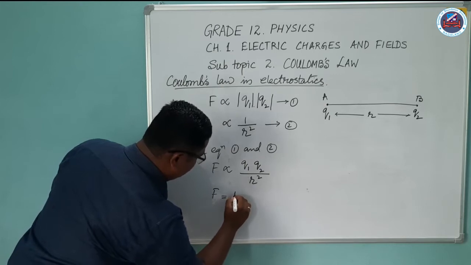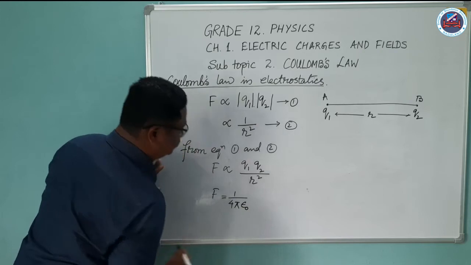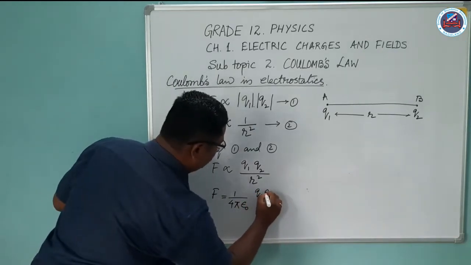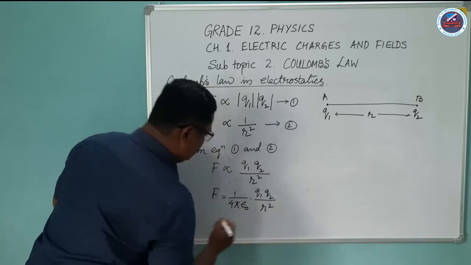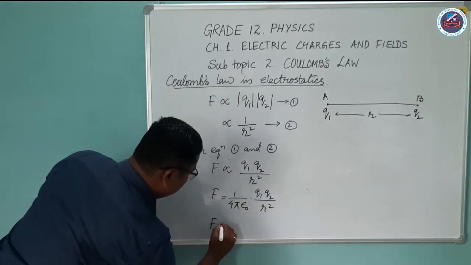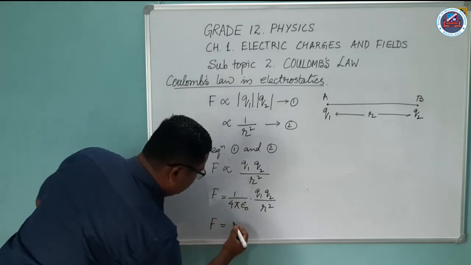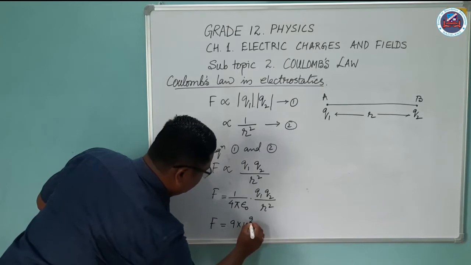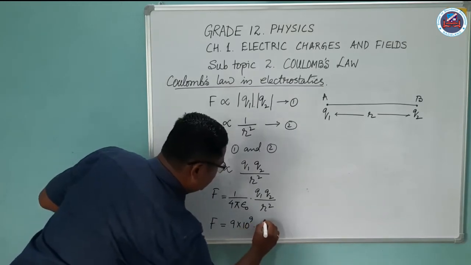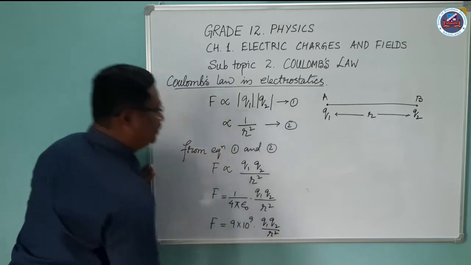We write 1 by 4 pi epsilon naught Q1 Q2 divided by R square, or we represent it as F is equal to this constant term, which is 9 into 10 to the power 9, Q1 Q2 divided by R square.